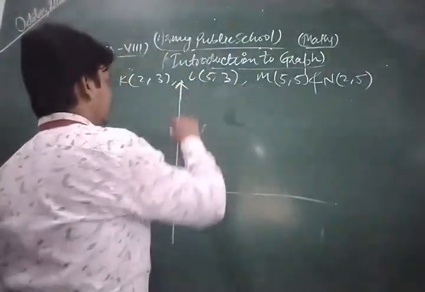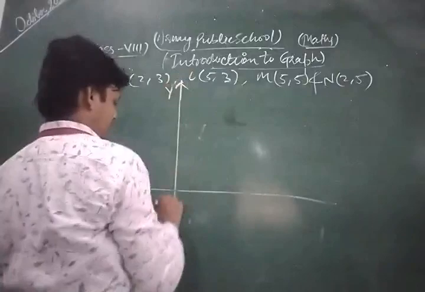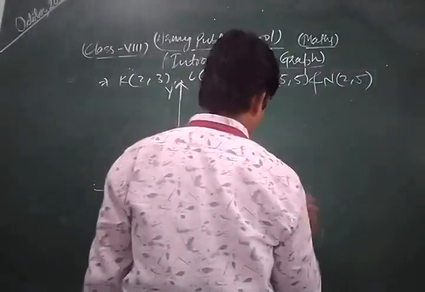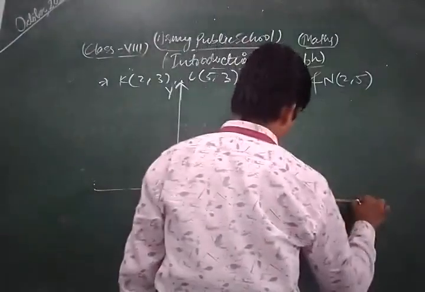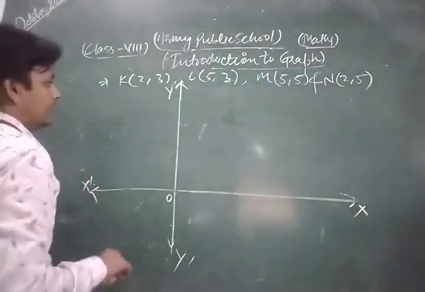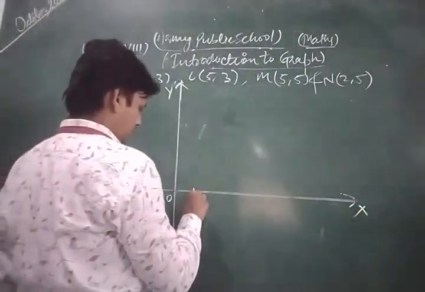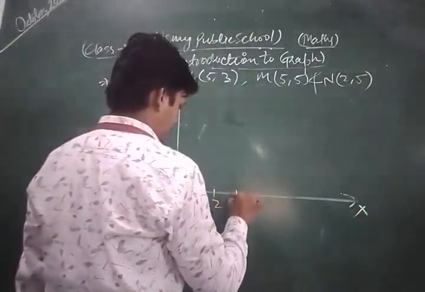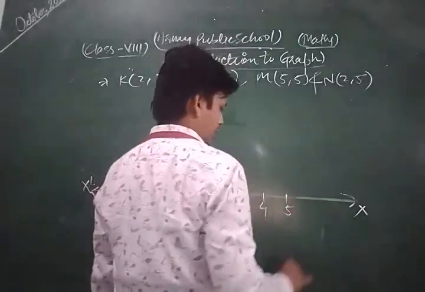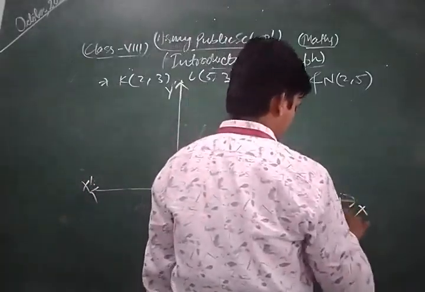Okay, this is Y and Y dash, X dash and X. Now look, this is 1 2 3 4 5 6 7.